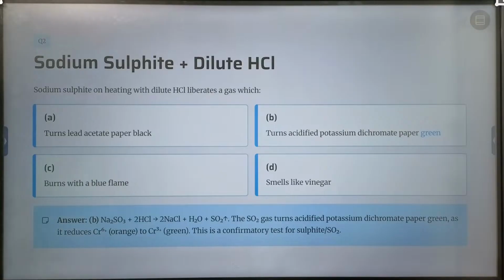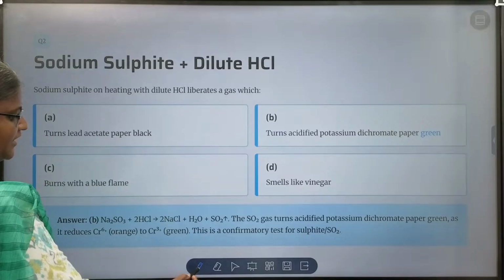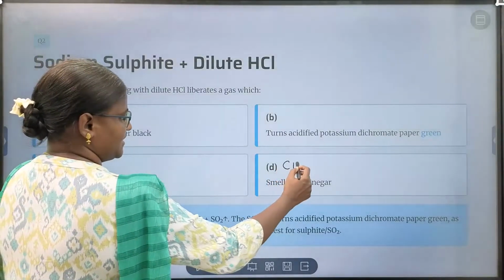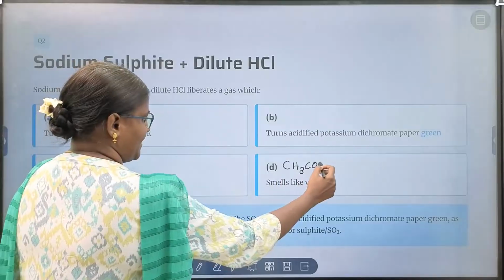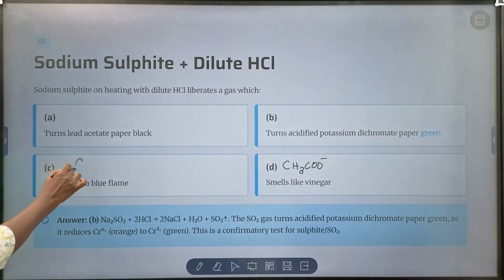Actually, if it smells like vinegar, that is not inorganic analysis. It is organic analysis. I hope you remember the acetic acid, that is CH3COO minus. That will smell like vinegar. It burns with a blue flame.